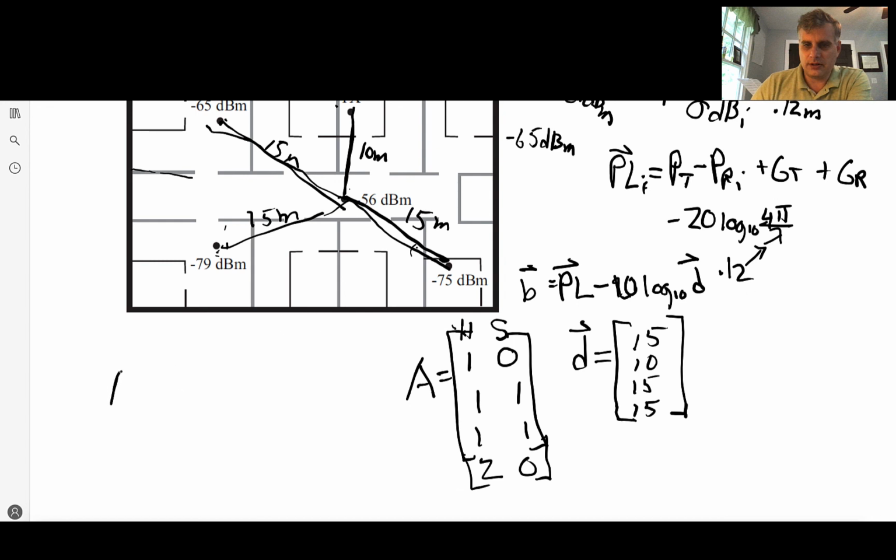So I know that AX is equal to PL, the answer's up here, minus 20 log base 10 D. And you know what? I'm just about done. If I wanted to, I could write the normal equations.